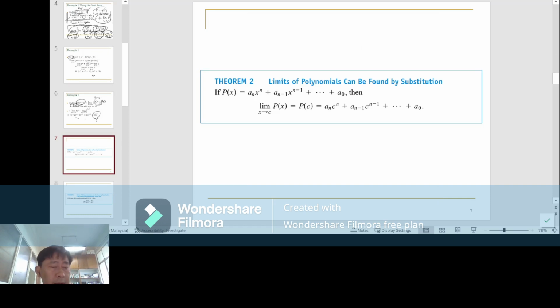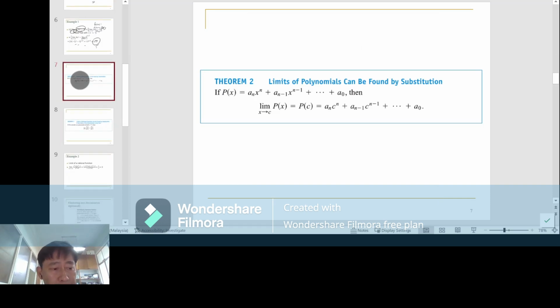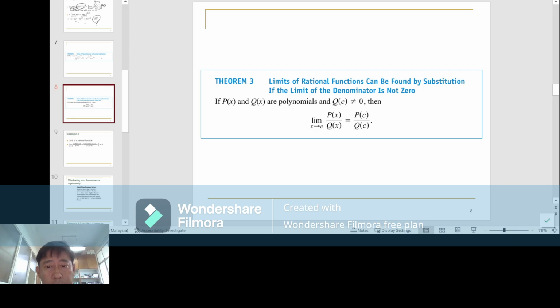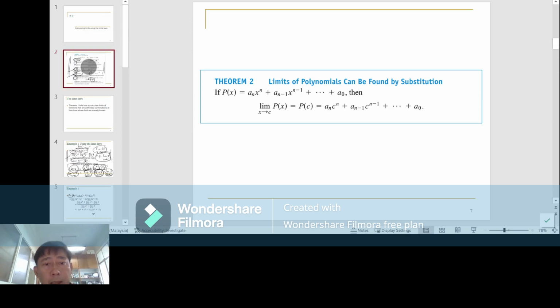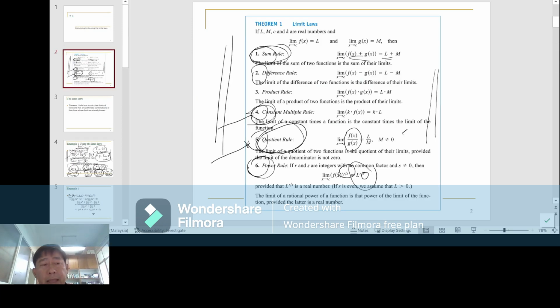So we are going to learn theorem number 2 and probably theorem number 3 as well. Theorem number 2, theorem number 3 and theorem number 1 have some commonality in the sense that these are tools that will help you to obtain the limit of some function h.